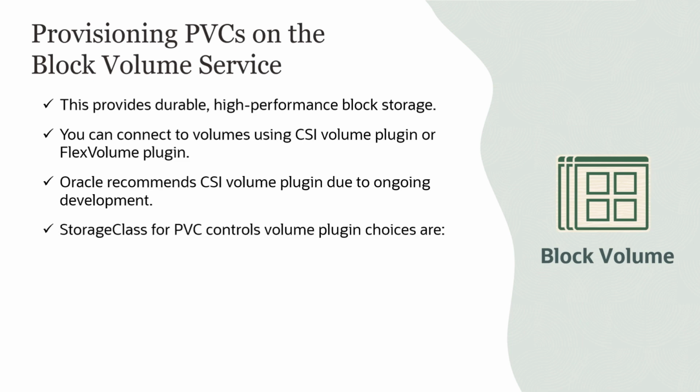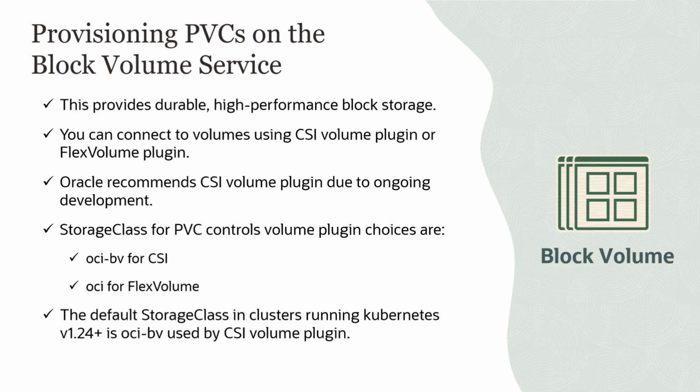When it comes to storage class for PVC, the choices are clear. Use OCI-BV for CSI, opt for OCI for Flex volume. For clusters running Kubernetes version 1.24 or later, the default storage class is OCI-BV, seamlessly integrated with the CSI volume plugin.